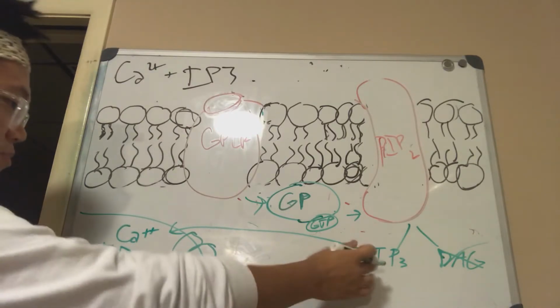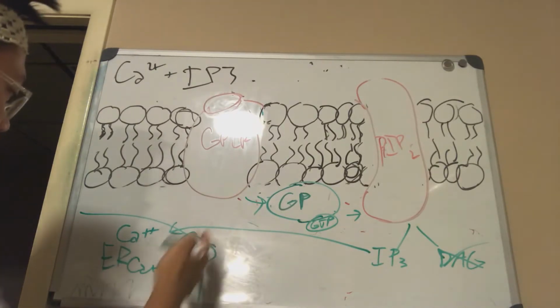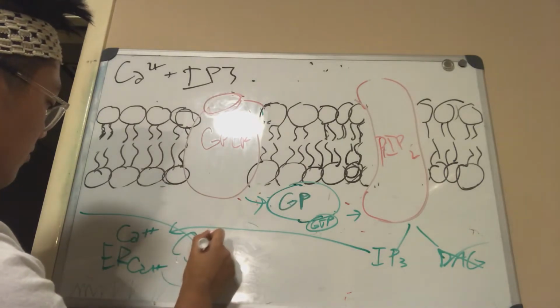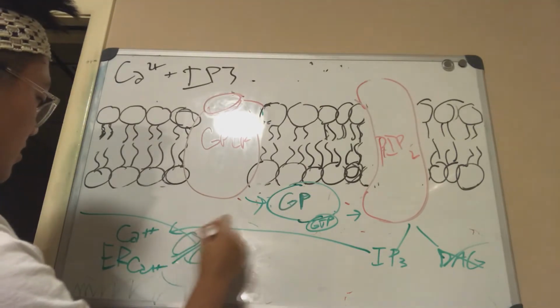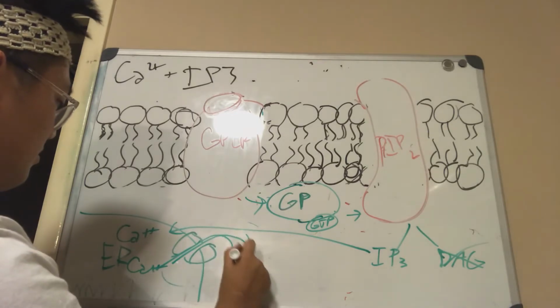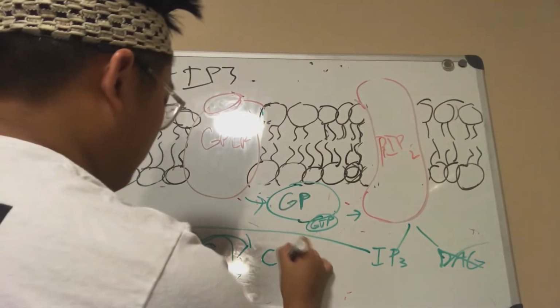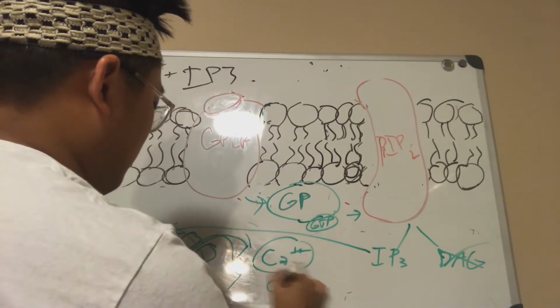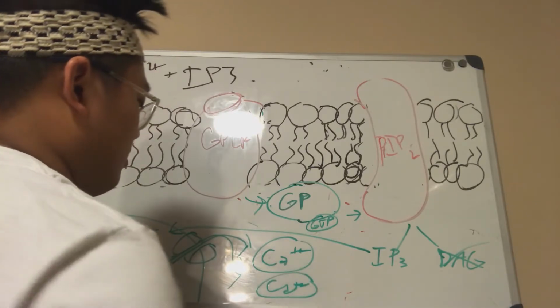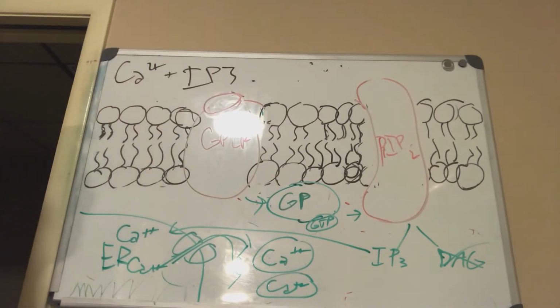IP3 will serve as a ligand to open up this gate for the calcium ions to all move out. And then once the calcium ions are out, they move to the microfilaments of the cell, causing your muscles to contract.